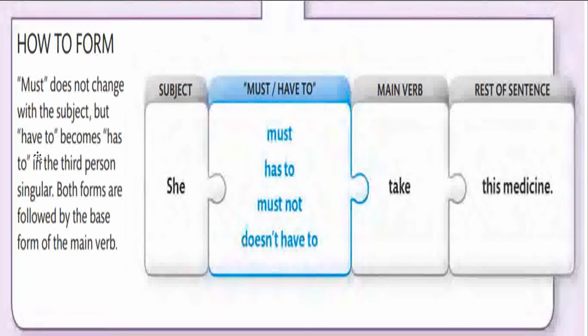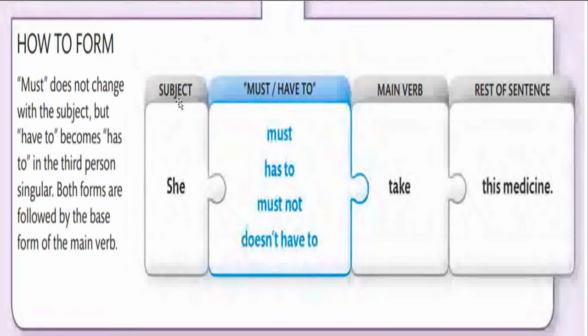So first and second person. Has to becomes she has to, he has to. So it becomes has to with a third person singular. Both forms are followed by the base form of the main verb. Base form means the way the words occur in the dictionary without any inflections. Inflections means ing, ed, etc.